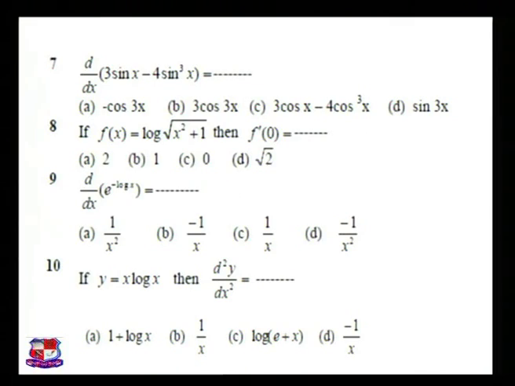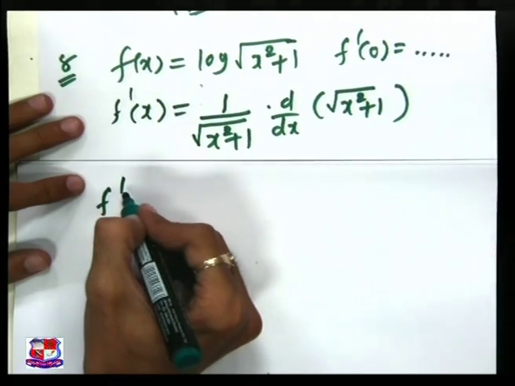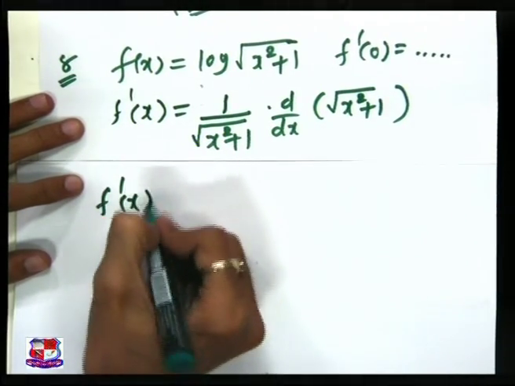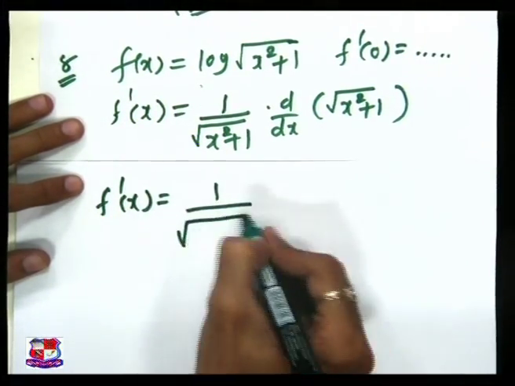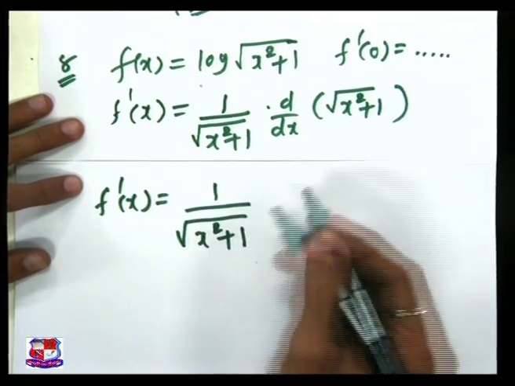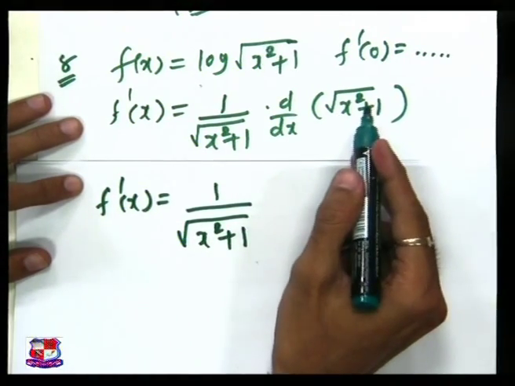So if we continue in this manner, we will get f dash x equal to 1 upon root x square plus 1, d by dx of root x square plus 1.